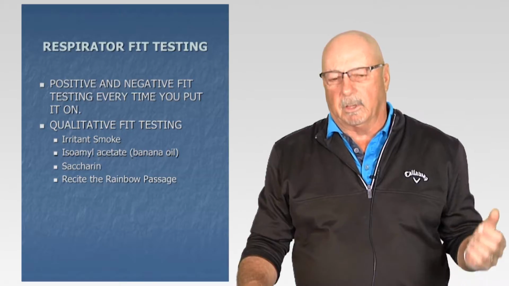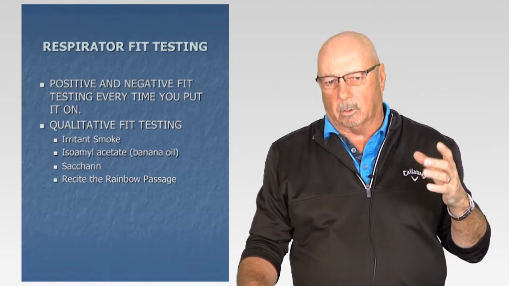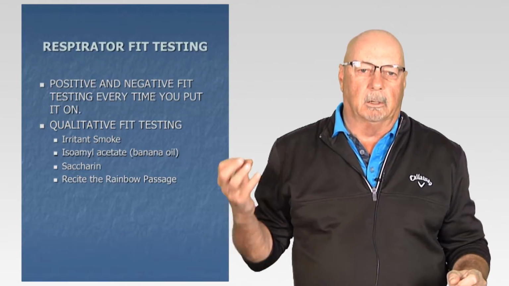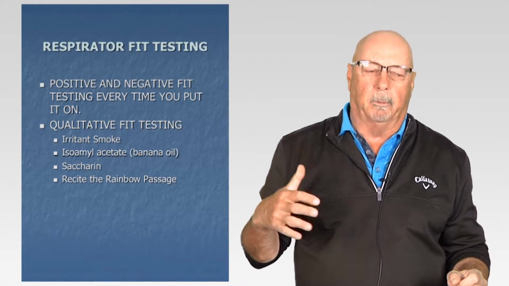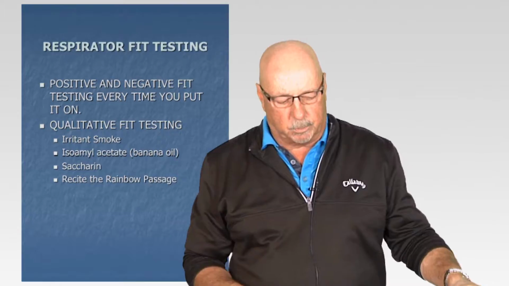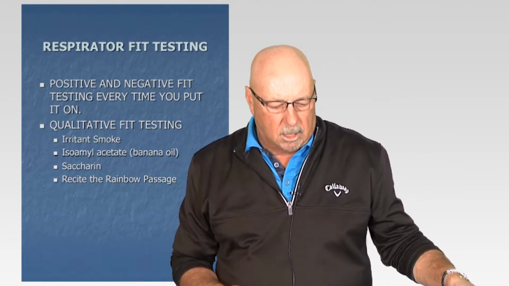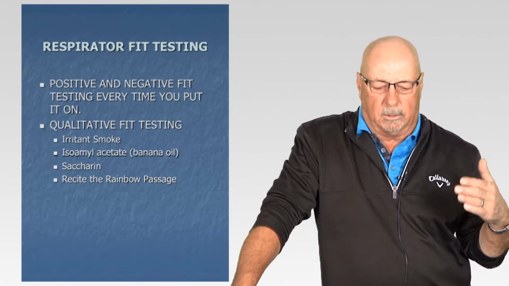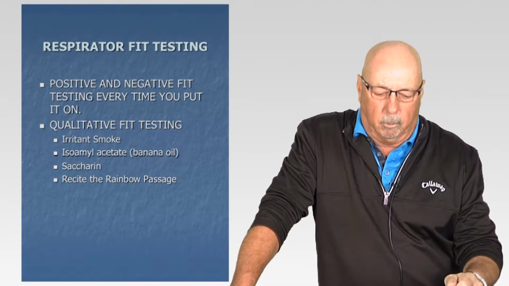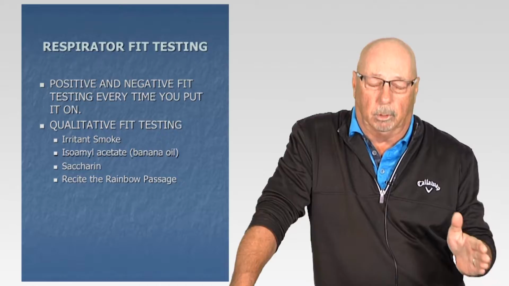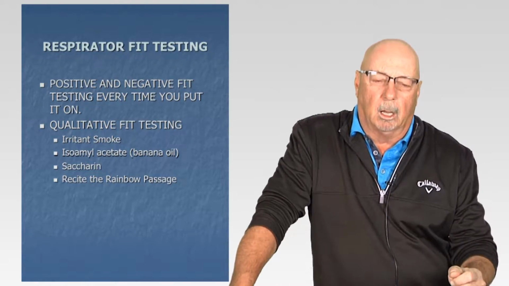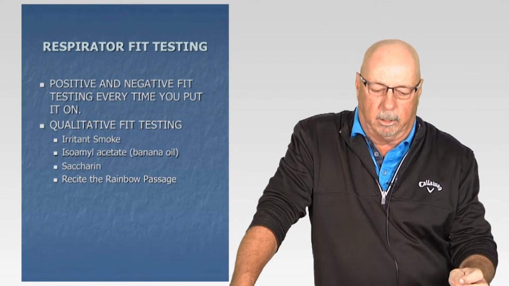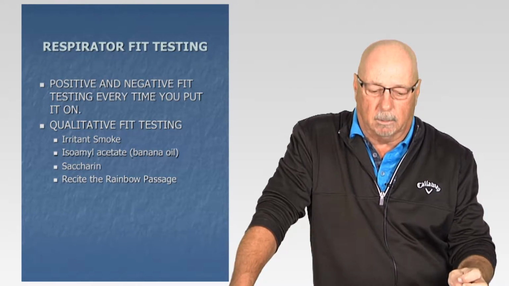If there was a leak in the cartridge or the respirator fit, that irritant smoke would enter into the respirator and it would cause the worker to have a response of basically just a cough response. It's not anything that's going to cause any harm to them, but it will definitely let you know as the tester that they don't have a good seal on that respirator and it's not filtering out the contaminant.